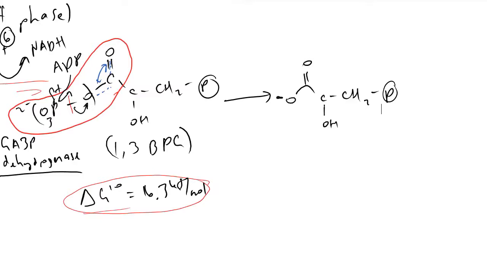Okay, and this molecule's name I will abbreviate as 3-phosphoglycerate, so just 3PG. And to clarify, we did just form an ATP molecule from an ADP molecule.